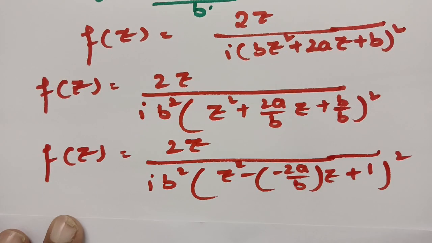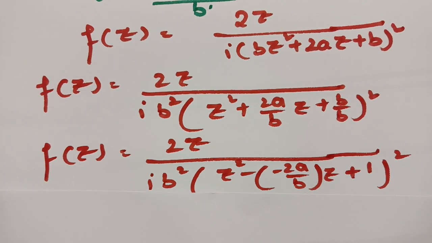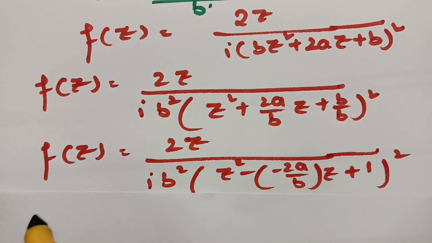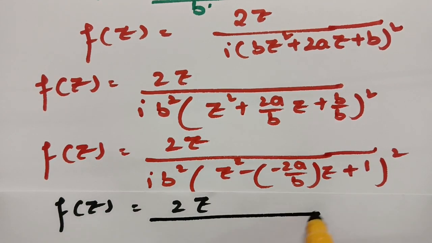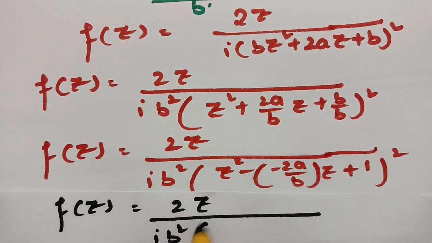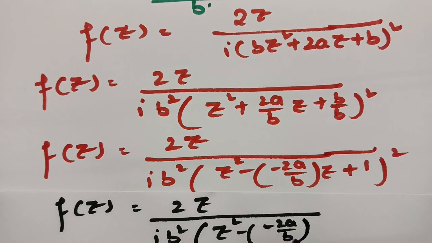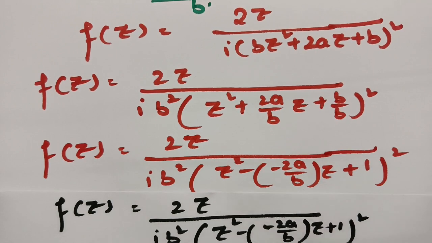So we got f of z as 2z by minus i b square into (z square minus 2a by b z plus 1) whole square.